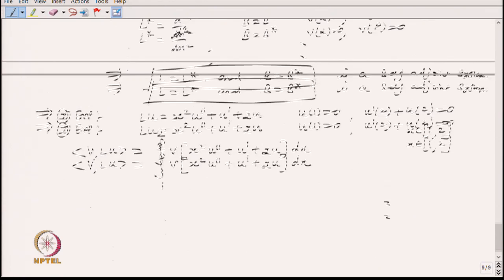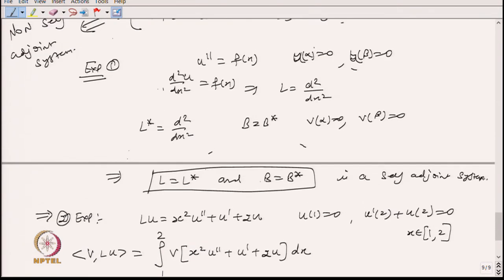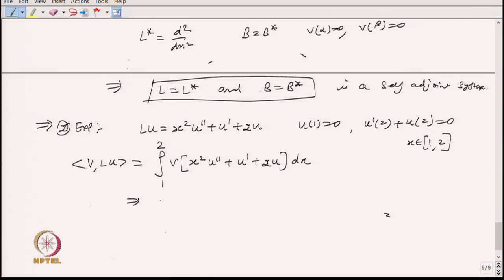dx. So, from here I just take 1 to 2. So, I can just take x square v u double dash plus v u dash plus 2 v u, taking the integration.